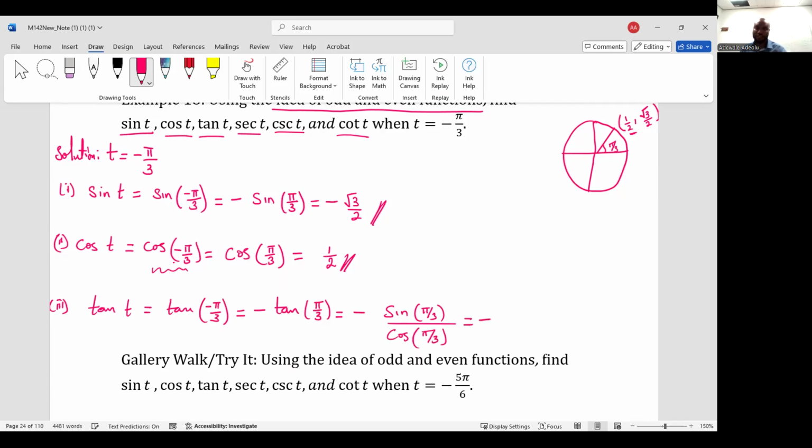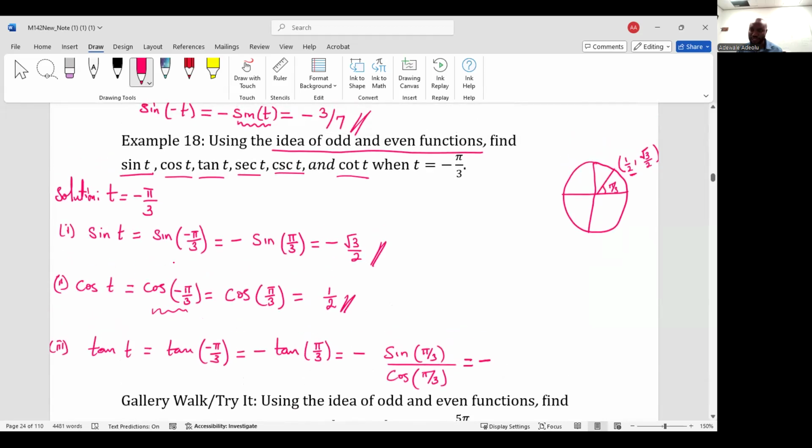We just learned here that for pi over 3 sine is root 3 over 2, root 3 over 2 divided by cosine of pi over 3, which is 1/2. So that is minus root 3 over 2 times 2 over 1. And our answer is minus root 3. Answer.